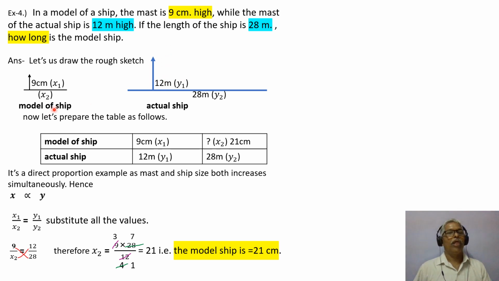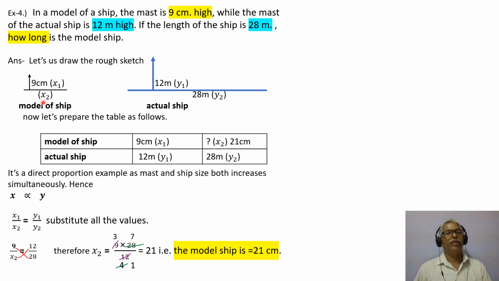Now what he says is, if the length of the ship is 28 meters, this will also be in the same proportion. Then what is the length of this, or how long is the model ship? He has asked the length.